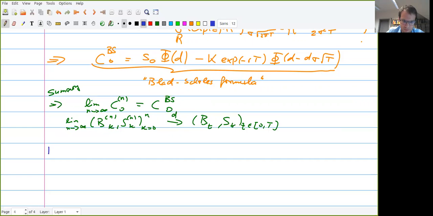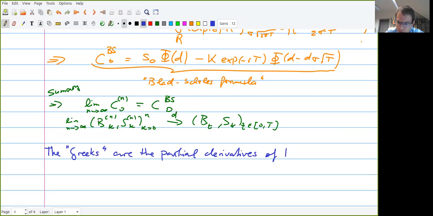So just to conclude here, the Greeks, which you might see in a financial context, are the partial derivatives of the prices with respect to the parameters and the asset price.